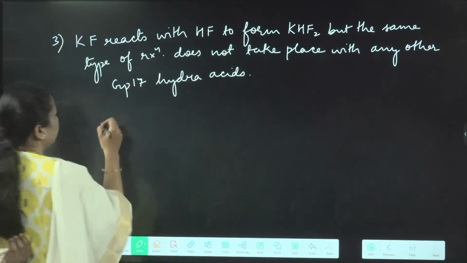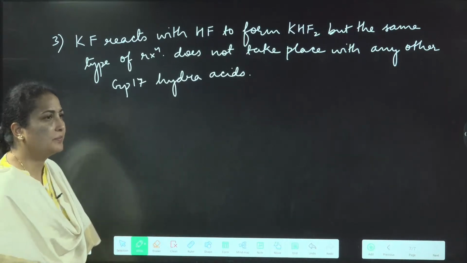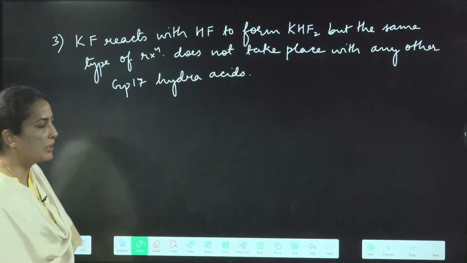Let us see why. Hydroacids means HCl, HBr, HI, HF, right? Having hydrogen and the other non-metal here.